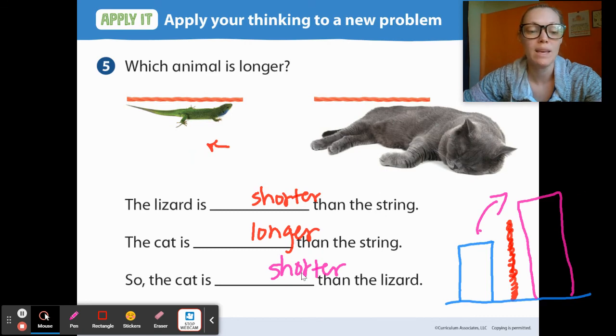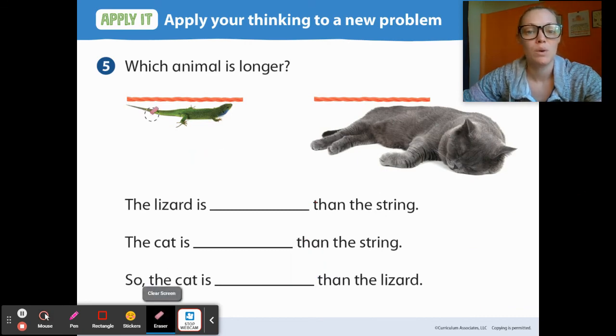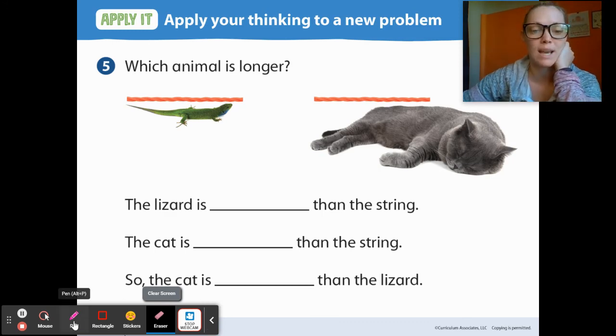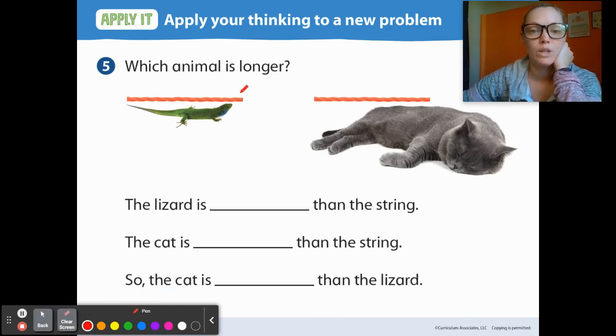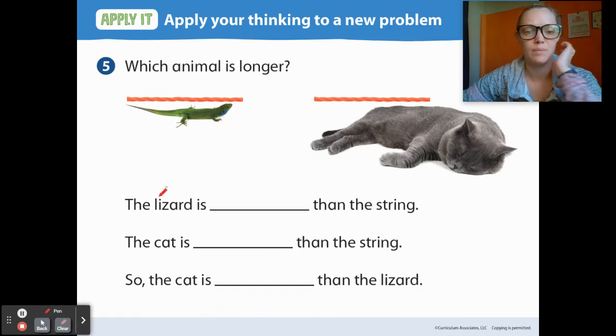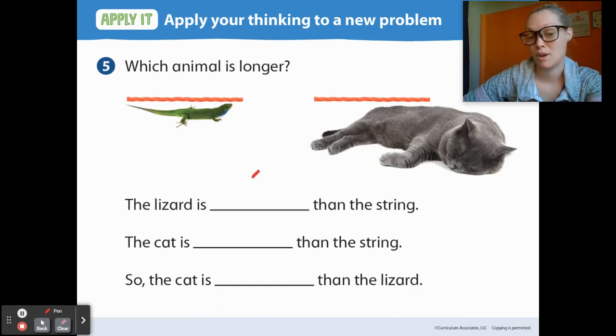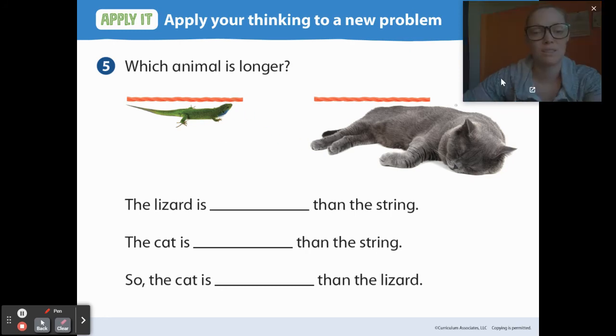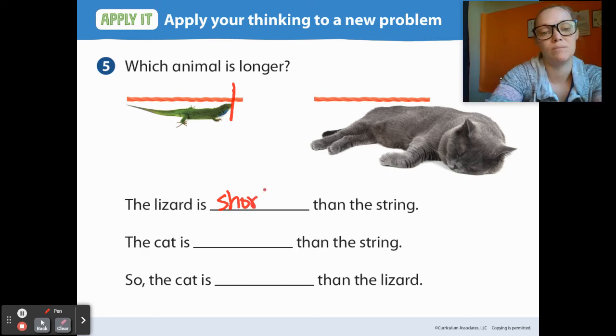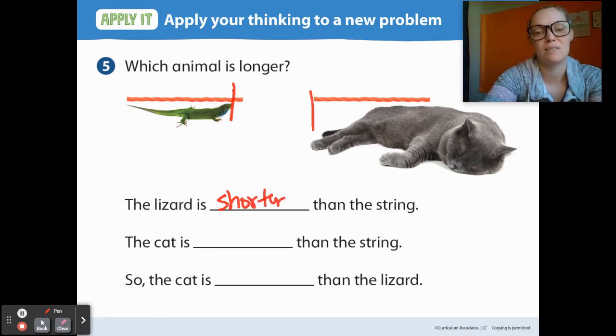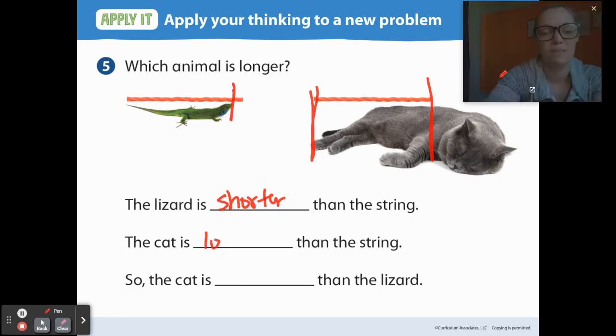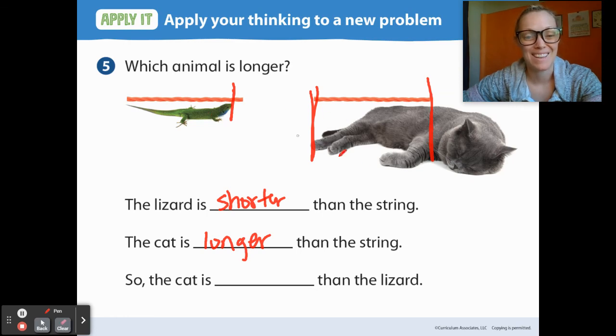So number 5, which animal is longer? Make sure you're filling in your answers as we work together. Which animal is longer? We're comparing them to the string. The lizard, if I look here, is shorter than the string. The cat, starting line up, is longer than the string. So what do we know about the cat and the lizard?